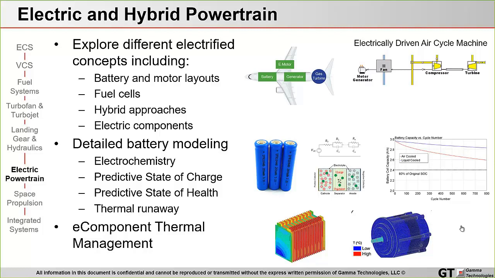But there are also different types of hybrid approaches where you could have a gas turbine along with a battery connecting to a certain propulsion system. Or you can also look at things like electrically driven air cycle machines or fuel cells as well.